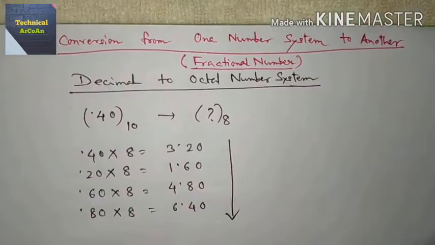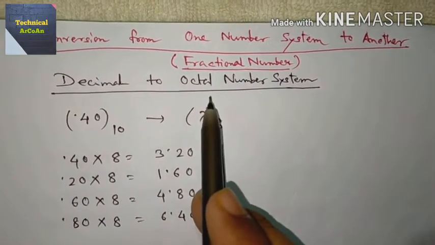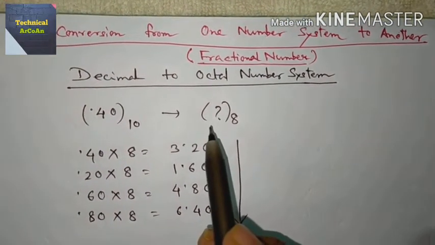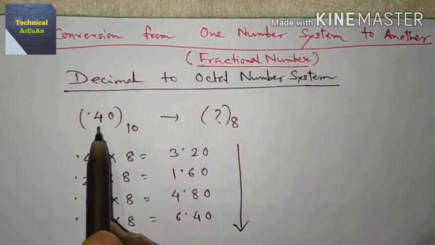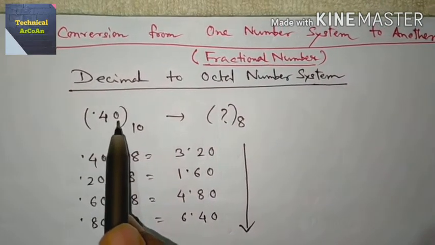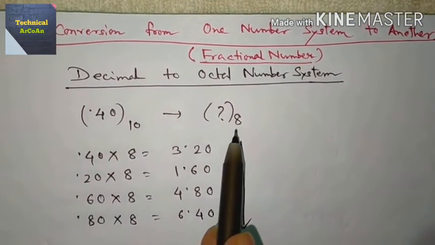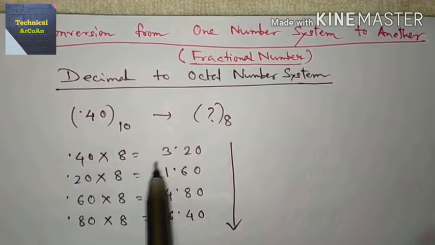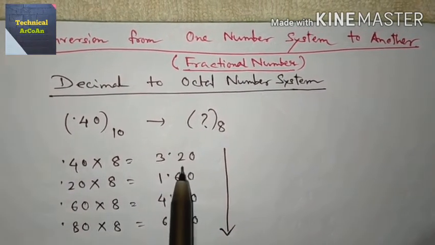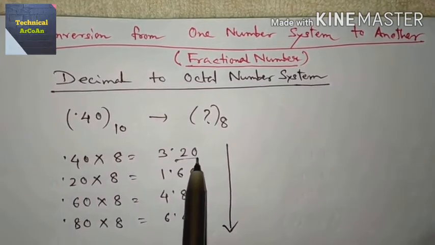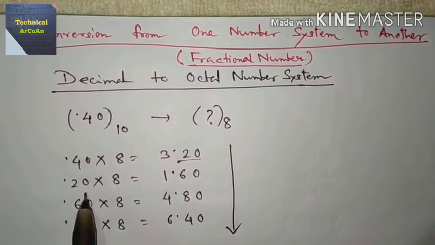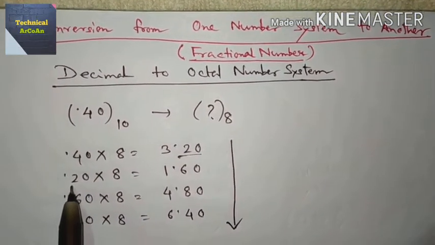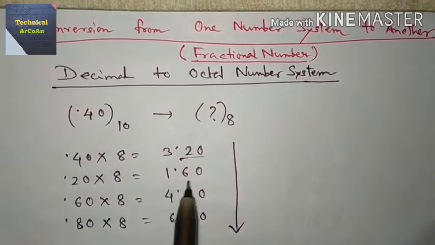Okay, now we convert from decimal to octal, and the number is a fractional number. The number is 0.40. We want to convert into octal, so multiply by 8. So 0.40 times 8 means 3.20, and we take only the fraction part, 0.20. So 0.20 times 8 means 1.60.